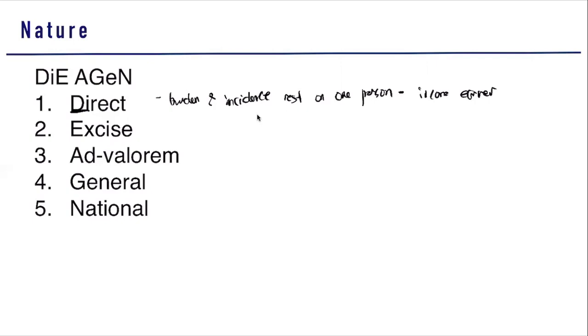When we say he has the burden to pay the tax, he actually pays the tax. When we say actually pays, hindi ibig sabihin nun na siya yung pumunta sa BIR at siya yung nagbayad. When we say actually pays the tax, sa kanya nang galing yung pambayad ng tax. So siya pa rin yung nagbayad ultimately.